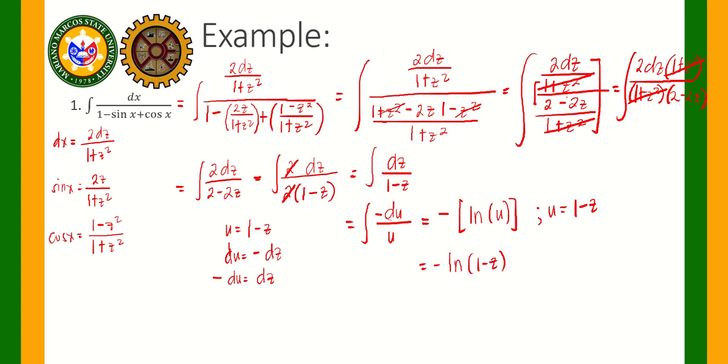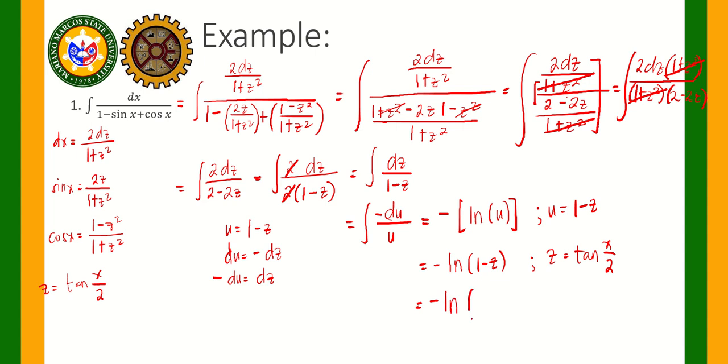However, our answer should be in the form of variable x since that is our original equation. So, we substitute back z. What is the value of z? Given earlier, our z is equal to tangent x over 2. Okay? So, substitute back tangent x over 2.